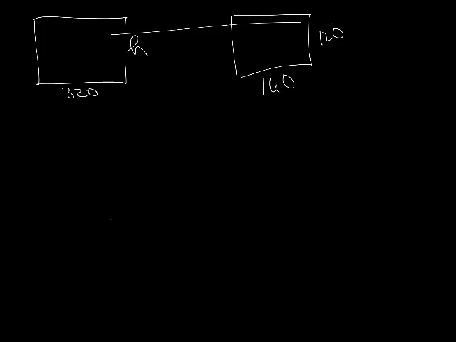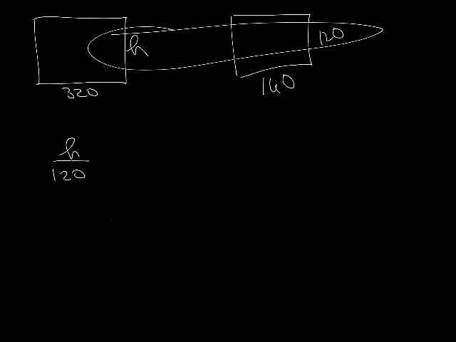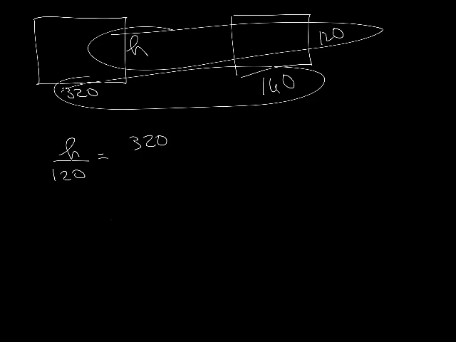So we're going to compare these two, and then we're going to compare these two. Notice the h and the 320 from here are on the top, and then the 120 and 160 are on the bottom right here. So make sure you do that.